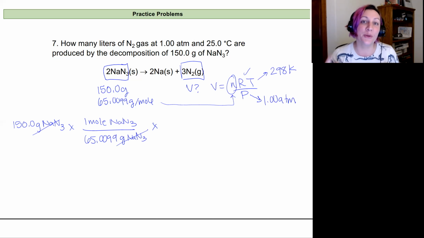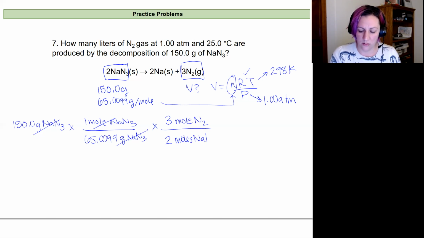So I'm going to do a mole to mole conversion as the second step in the stoichiometry problem. And so I know from my coefficients that every 2 moles of sodium azide that reacts will produce 3 moles of nitrogen. So I'll have 3 moles of nitrogen on top because that's the units I'm interested in. And I really want to cancel out these moles of sodium azide. So that has a coefficient of 2 right there.